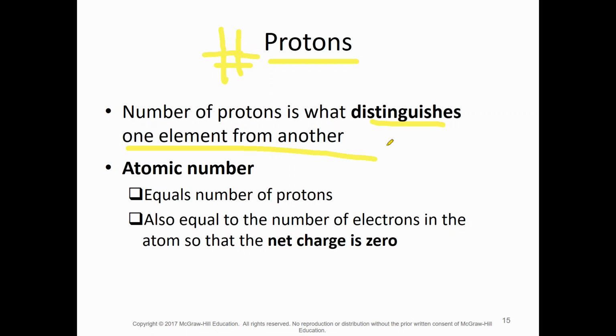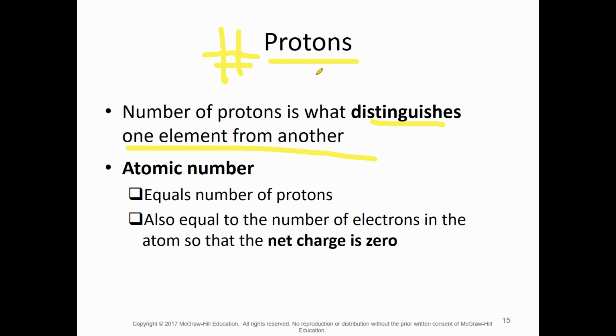So if you are an atom that has 6 protons, you are guaranteed to be a carbon atom. Yes, any atom that has 6 protons is a carbon atom, no exceptions. So that's what we mean by the number of protons distinguishes one element from another.